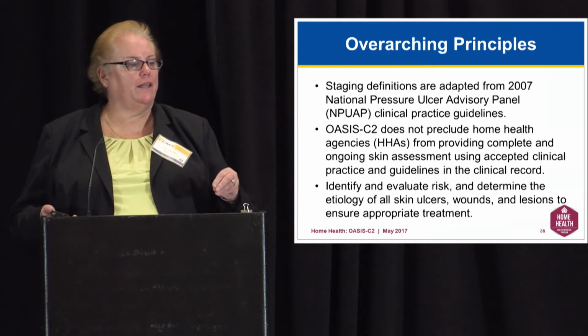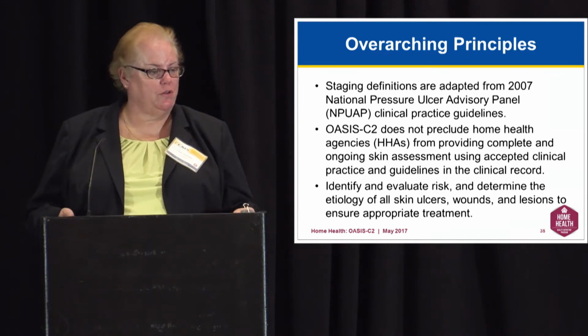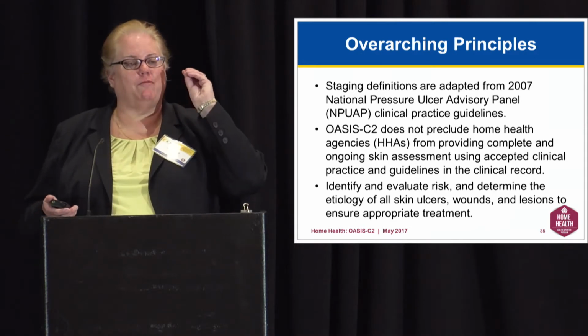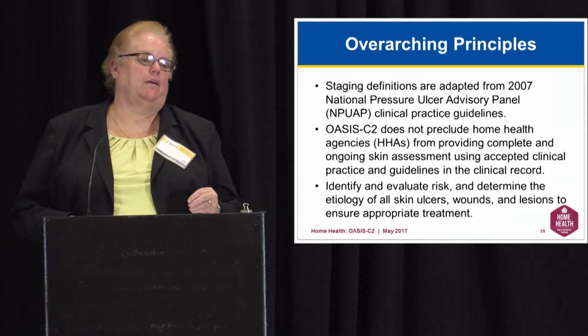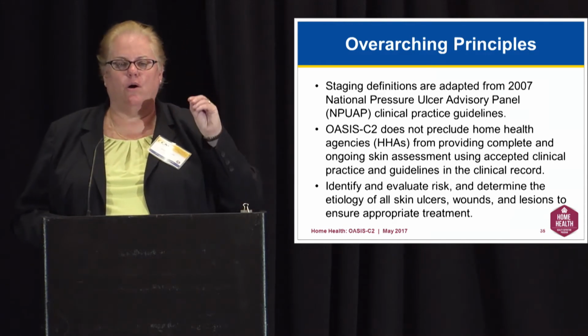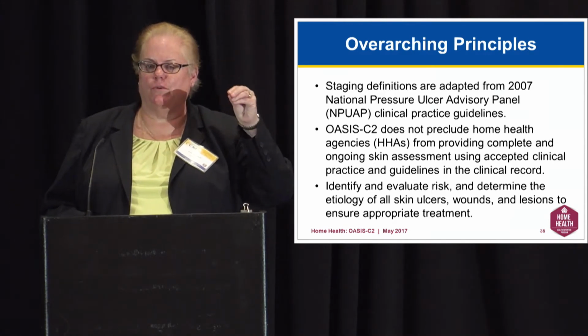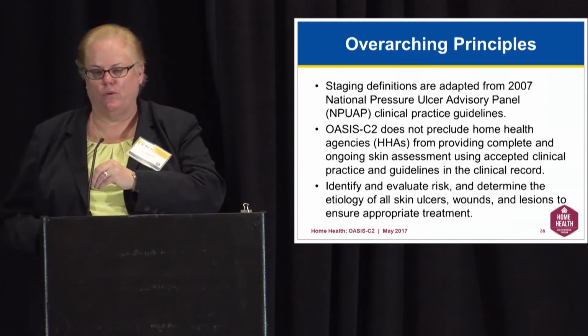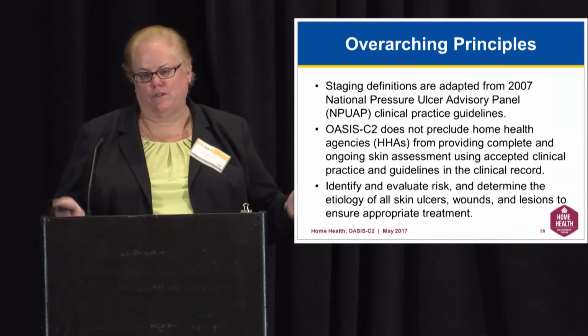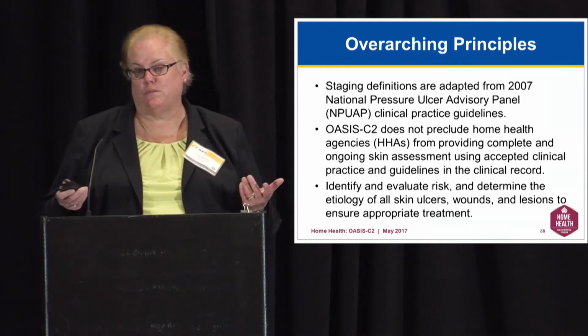No, these staging guidelines are related to pressure ulcers. That's an important piece, and it's amazing how many staff members, especially at the providing nurse level, at the home care level, are saying, oh, well, I heard this piece, so it's a fluid-filled blister, it's a stage 2. But they missed the whole point, there needs to be pressure involved, and you need to do a whole assessment and determine, is it a pressure ulcer?